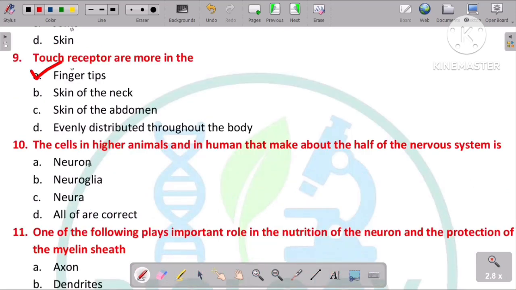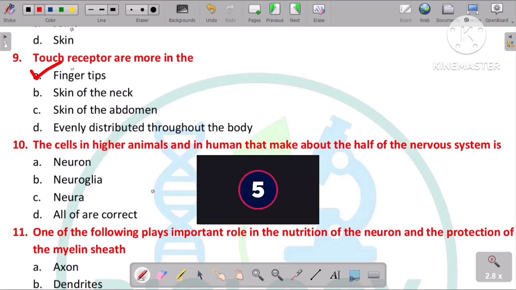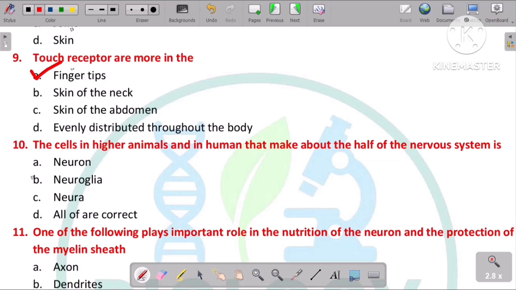So the next question is: the cells in higher animals and humans that make up about half of the nervous system are... The right option is option B, neuroglia.